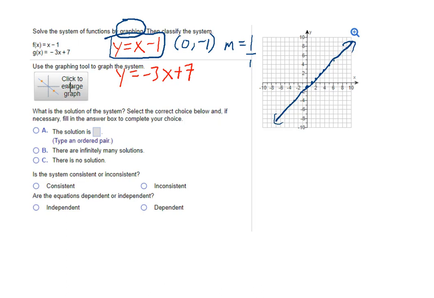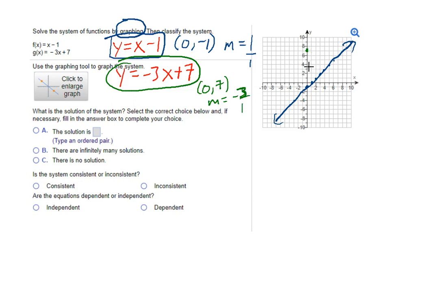We'll do the second equation in green so that we can distinguish between the two equations. Here the y-intercept is 0, 7, and the slope is negative 3, so we'll think of that as negative 3 over 1. We're going to start at 0, 7, which is right here, and go down 3 and to the right 1.